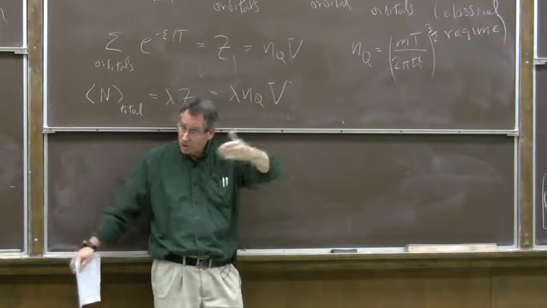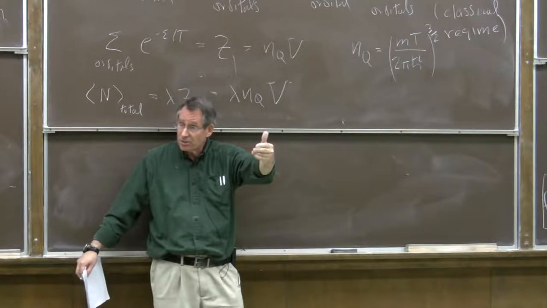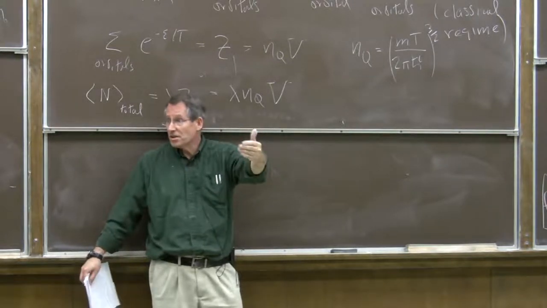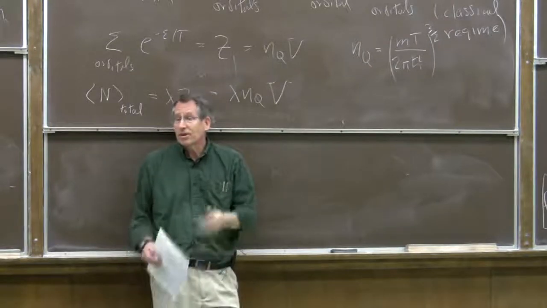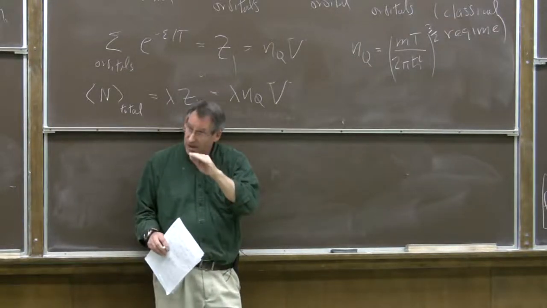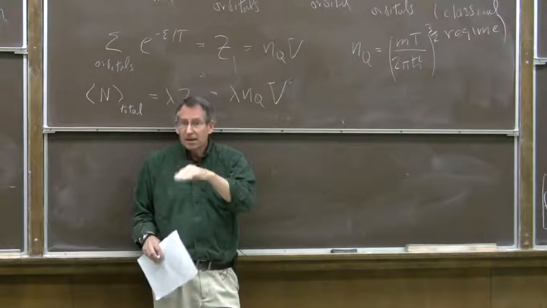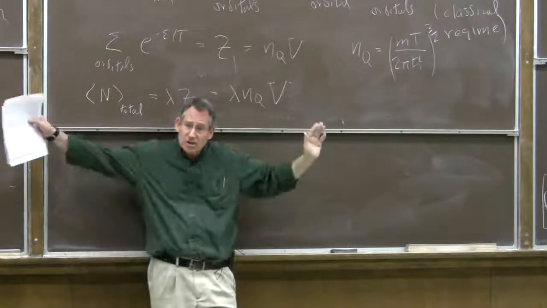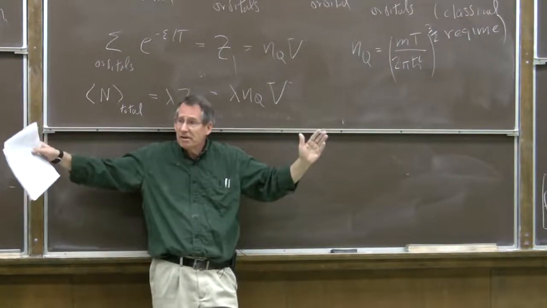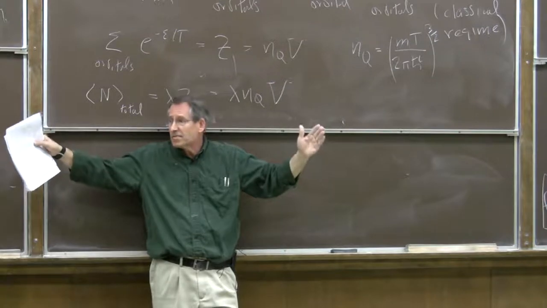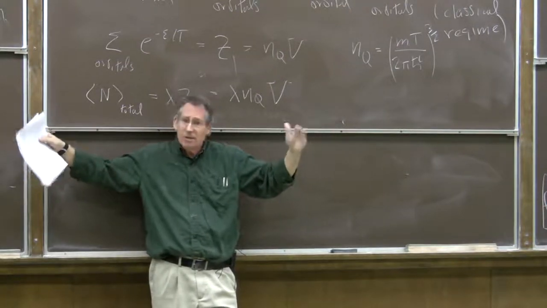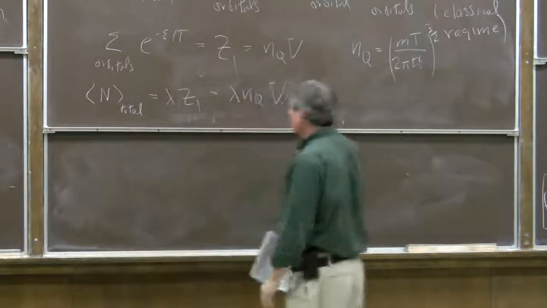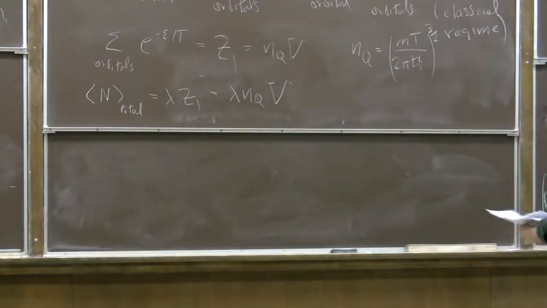So particles can flow back and forth between the system and the reservoir. And the system finds its most probable configuration where it has some number of particles such that its chemical potential matches that of the reservoir, right? But those fluctuations aren't very important because it's a big system. The usual argument, when we have a very large system, the fluctuations about mean values aren't important. So we just have a gas with some number of particles and this mean value that we've computed.